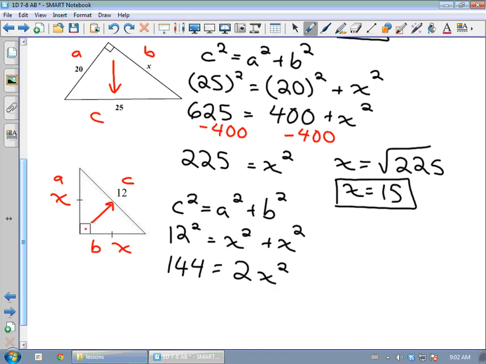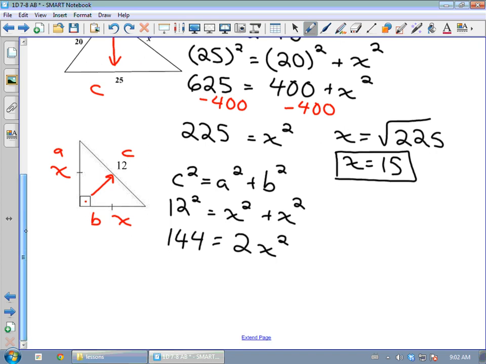Now, we can solve this thing for x. We see 2x squared, so we see a 2 that is multiplied by x squared, and then we see an exponent there. So remember, when we're solving equations, we use the opposite of our order of operations. We do subtraction or addition first.